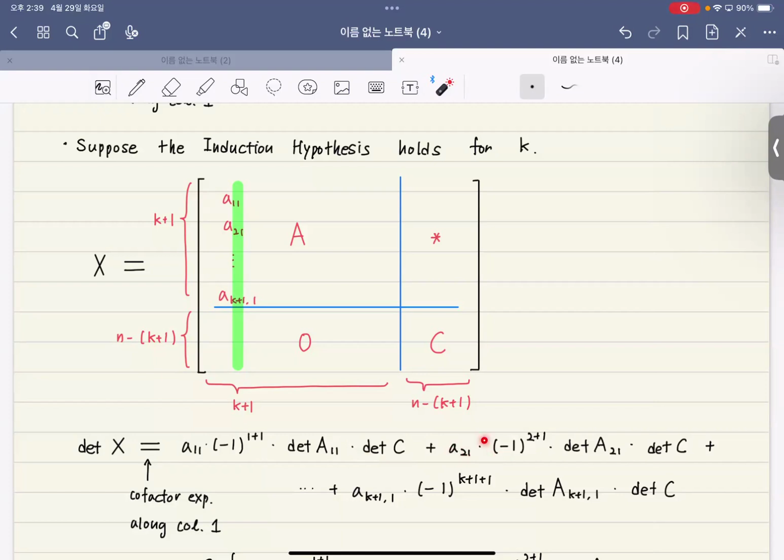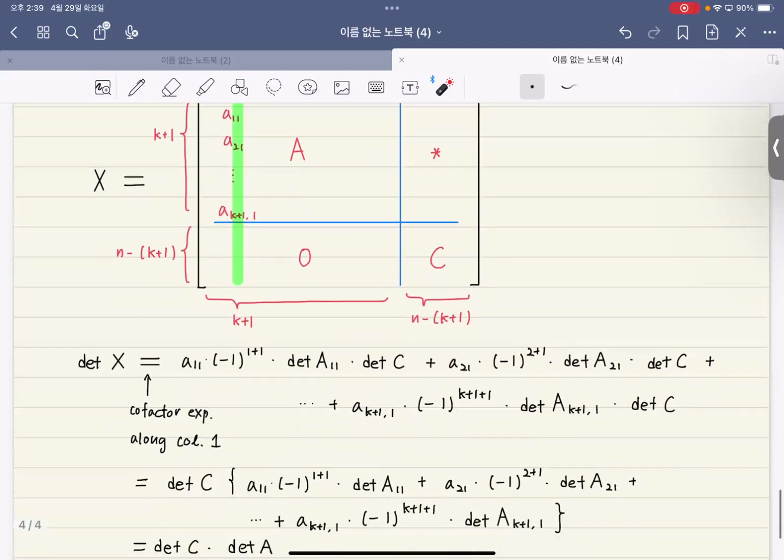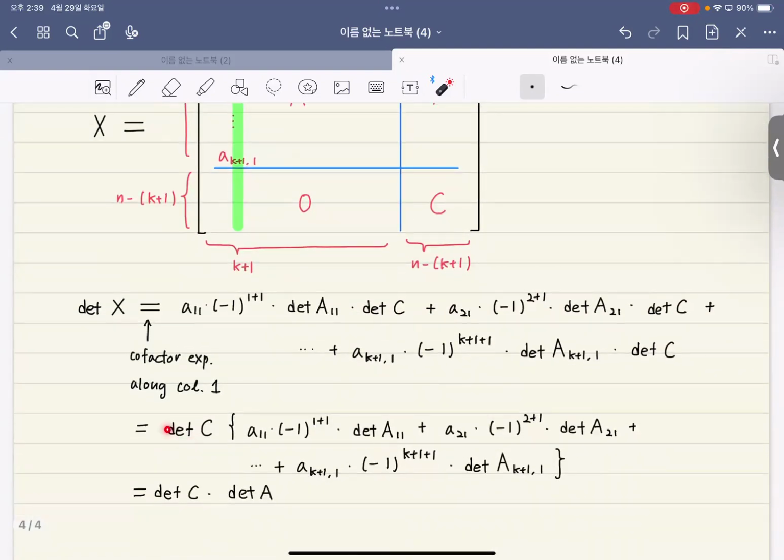This entry times plus or minus the determinant of its cofactor. But again by the induction hypothesis, this one should be written like this, or like that. And I can see a common factor, which is the determinant of C. So the determinant of C is now factorized.